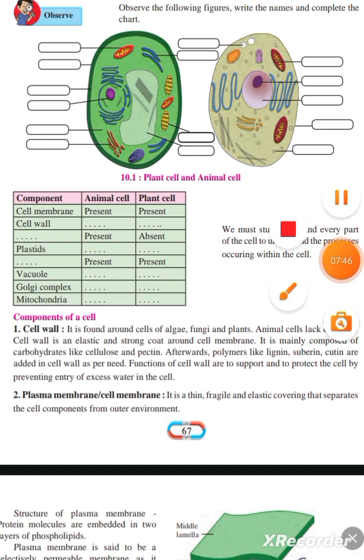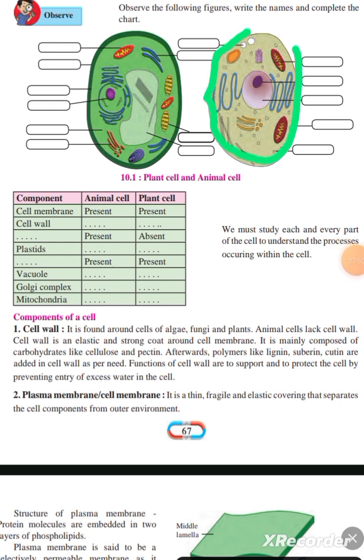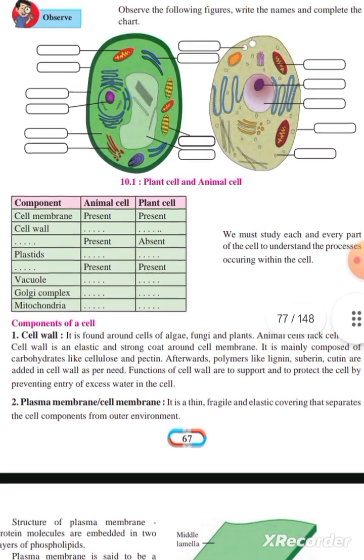You can see here, this boundary you can take as an example. This is the plasma membrane, and inside, the first dark green is the cell wall. Afterward there is a very thin component, that is the plasma membrane or cell membrane. Both are the same.